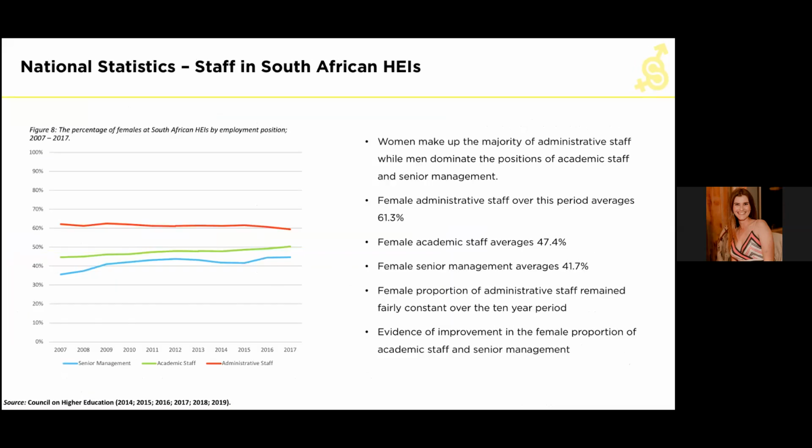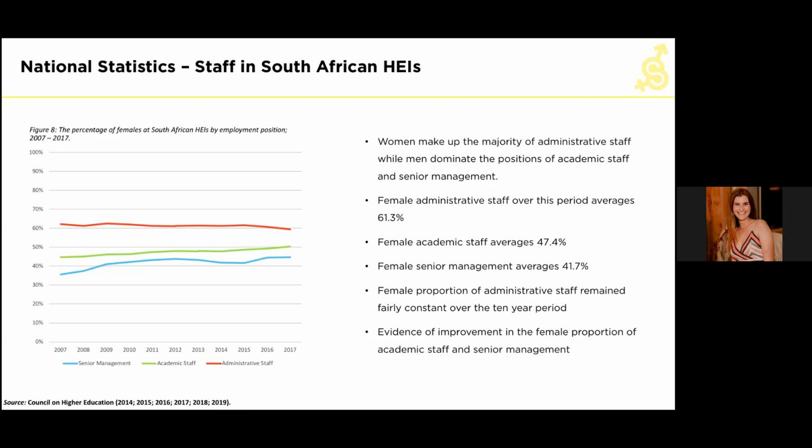In this next section, we look at academic staff members. First at the national statistics, then staff working in various departments at the sample of universities, and lastly, the staff surveys. While the analysis at the student level nationally provides little evidence of serious gender bias in South Africa, in terms of overall student numbers across all faculties, the staff statistics paint a very different picture.